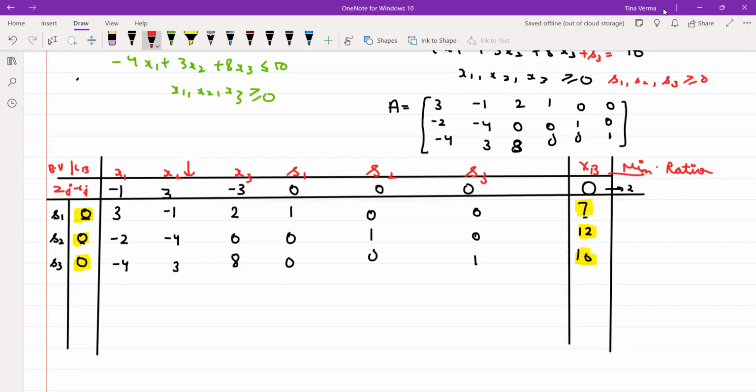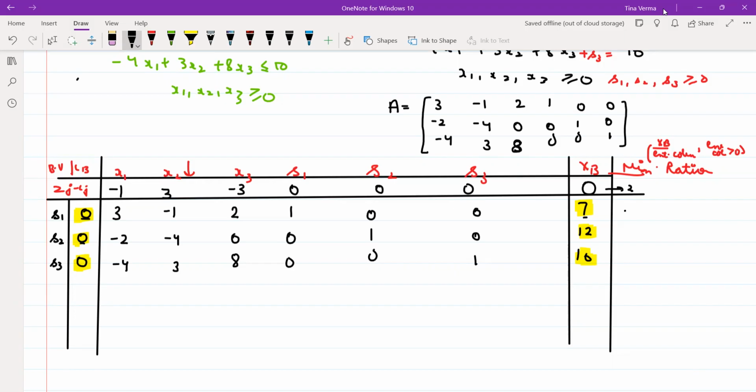Now when x2 will enter, something has to leave its place. So you will find your minimum ratio, that is nothing but xb divided by your entering column, and your entering column entry should be greater than 0. 7 divided by minus 1, can I do?